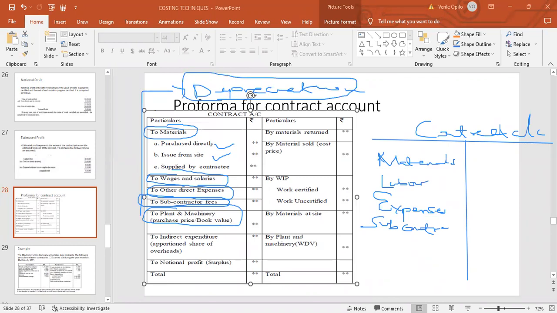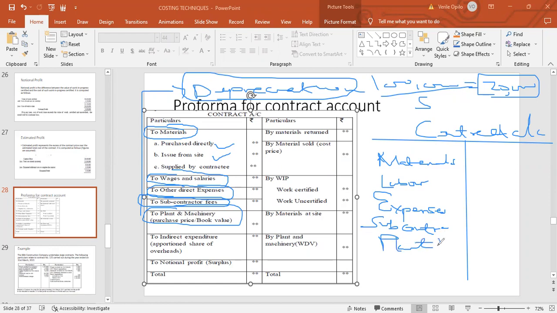In this case, let's say we have an asset that is going to be there for 5 years. And this asset has a value of 100,000. So we'll compute depreciation using the straight line basis, that in this case, the depreciation is going to be 20,000 per annum. So therefore, by utilizing this plant and machinery, we have incurred an expense of depreciation, and that depreciation expense is going to be included again here.